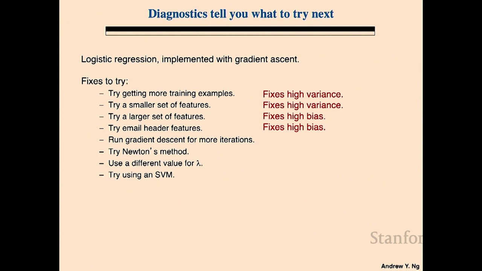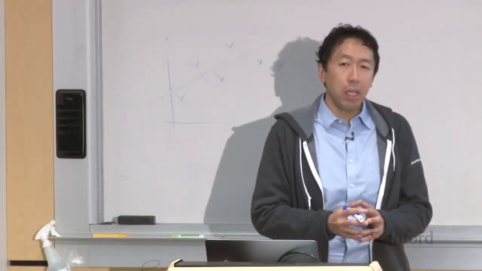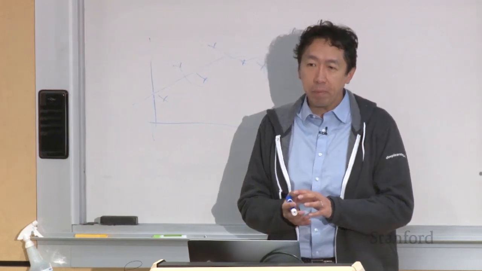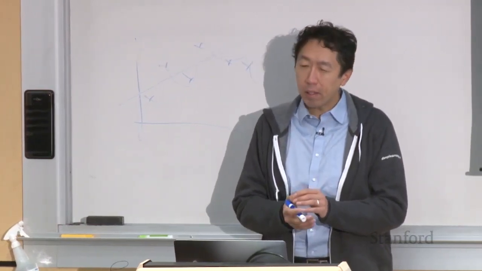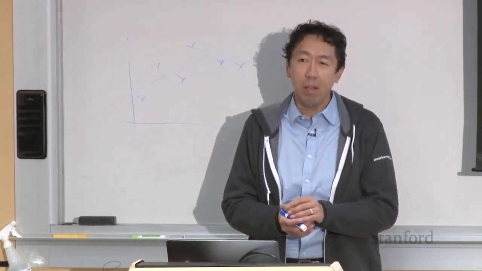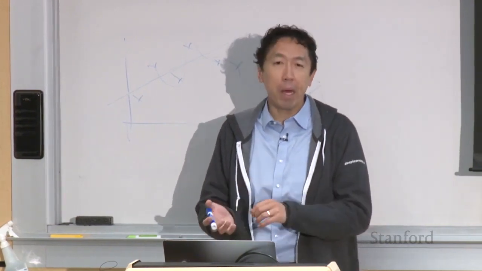One of the things about building learning algorithms is that for a new application problem, it's difficult to know in advance if you're going to run into a high bias or high variance problem, right? It is actually very difficult to know in advance what's going to go wrong with your learning algorithm.